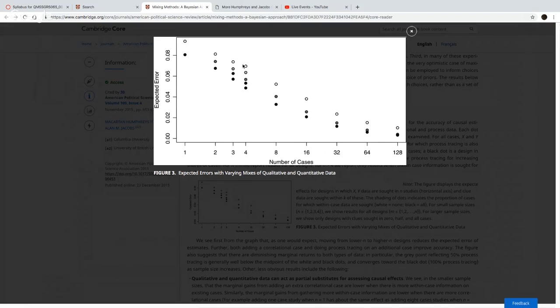So you can see the expected squared error is sort of decreasing as the logarithm of the number of cases increases. But the dent that you make from going from no observations with clues to all the observations with clues, or half the observations with clues, isn't as impressive when you're getting more observations.